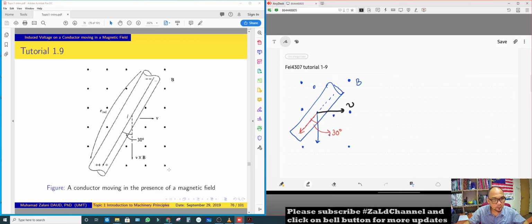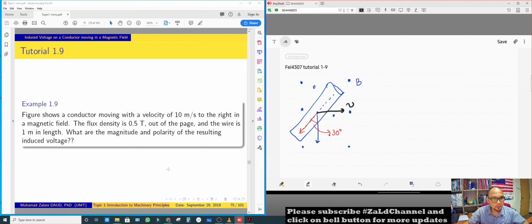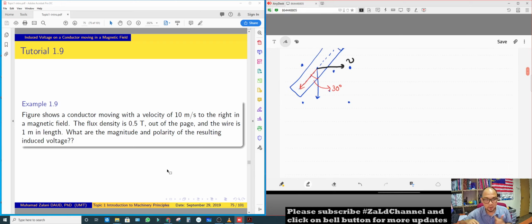So from the question, we want to find the magnitude of the induced voltage and the polarity. To know the direction of induced voltage, as usual, we can use the left hand rule. Let me draw my hand here. So I have my hand like this. Using the left hand rule, it should look like this. Okay, that is my hand.